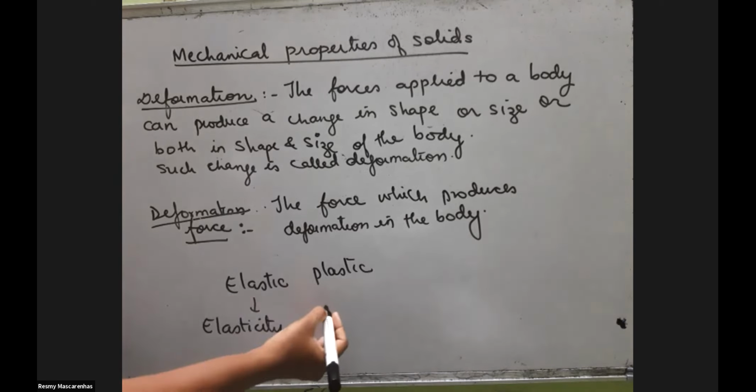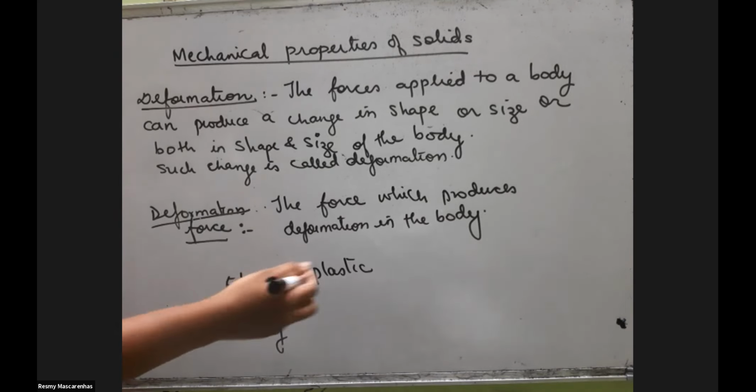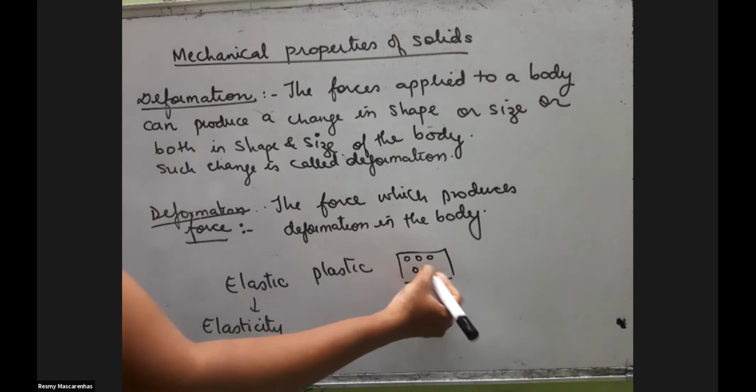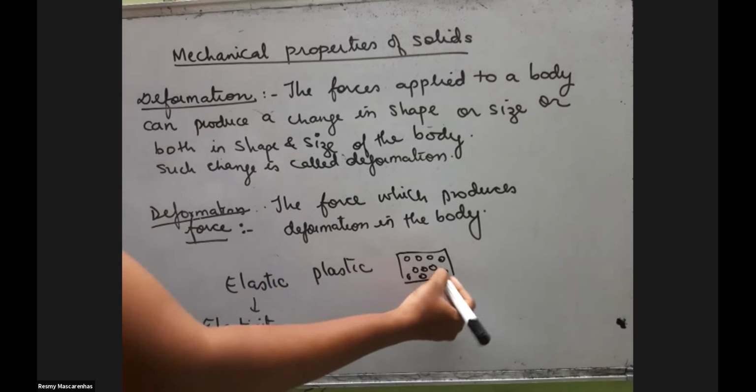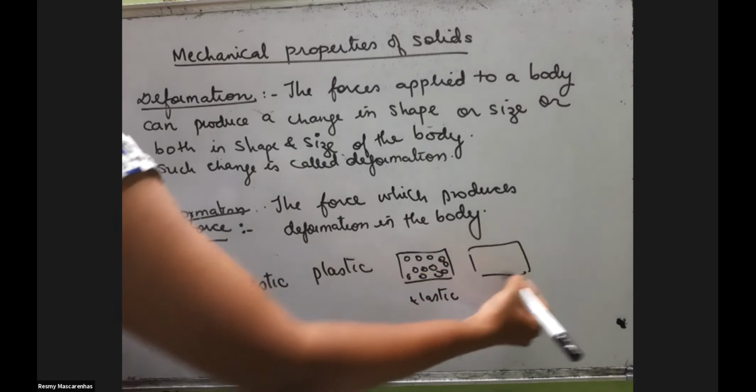Then I'll show you the difference. So why does this happen? Any material will have some bonds between its particles. What happens for an elastic material and what happens for a plastic material, I will tell.